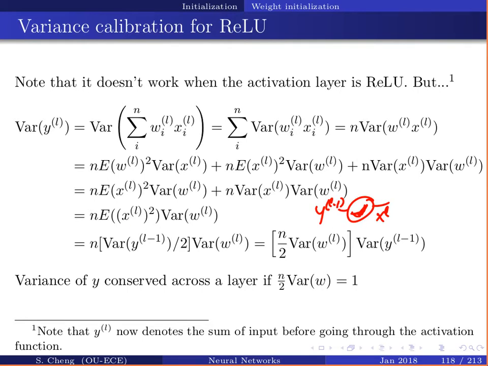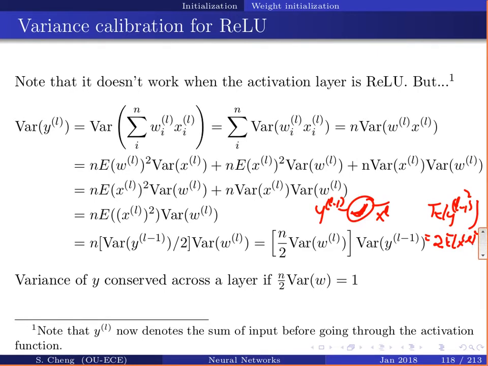So the energy for YL, if y is zero mean, should be double the energy of XL. The expectation of YL minus 1 squared should be 2 times the expectation of XL squared, or the opposite: the expectation of XL squared will be 1/2 the expectation of YL minus 1 squared.